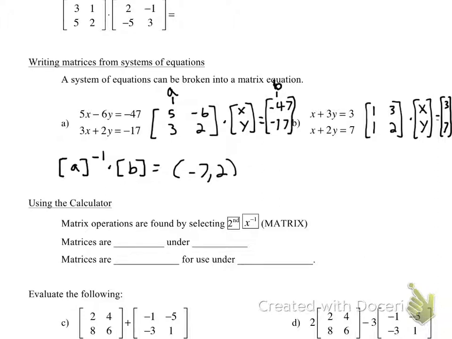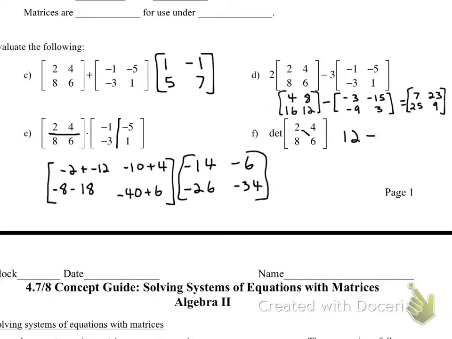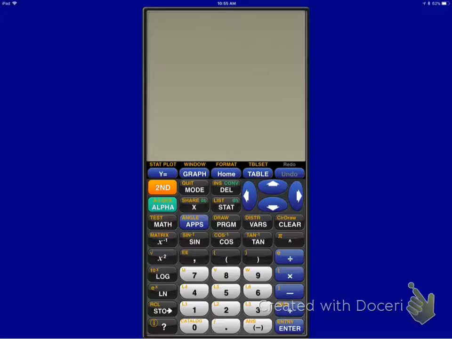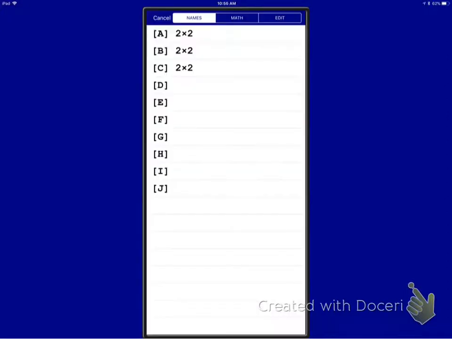Alright, so let me go real quick to what a calculator would look like. To do that, you would hit second and then matrix, and that would take you to this screen.